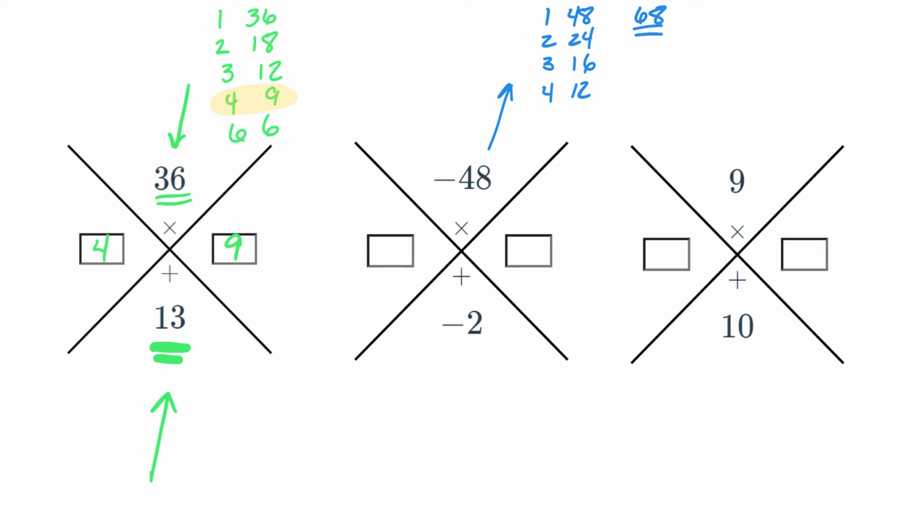Now, we need this to multiply to equal negative 48 and also add to equal negative 2. So in this case, one of our terms needs to be negative, and it needs to be the larger term because our result is negative. So our values would be 6 and negative 8.